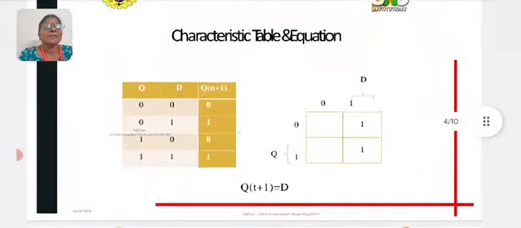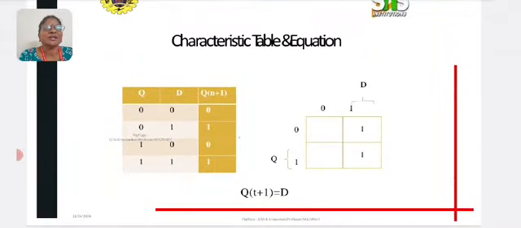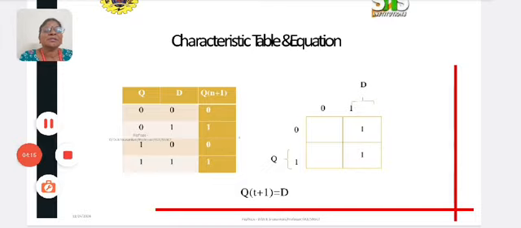Okay. So next, the characteristic table and equation of a D flip-flop. Q 0 0 0 1 1 0 1 1: whatever you give in D input will be received in the output.